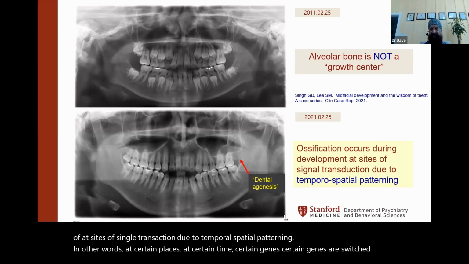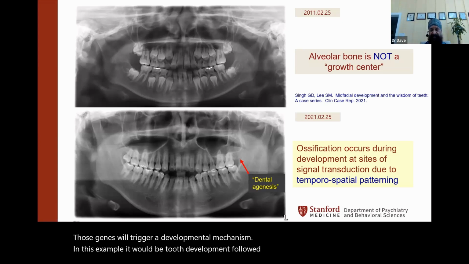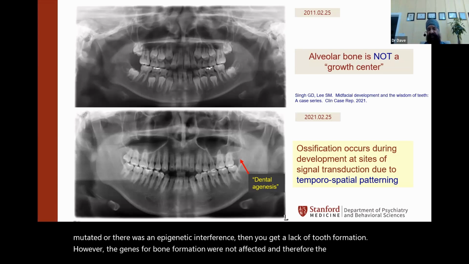Those genes will trigger a developmental mechanism. In this example, it would be tooth development followed by tooth eruption. If those genes were mutated or there was an epigenetic interference, then you get a lack of tooth formation. However, the genes for bone formation were not affected, and therefore the bone is going to develop as expected.